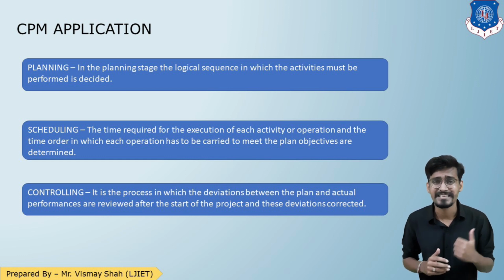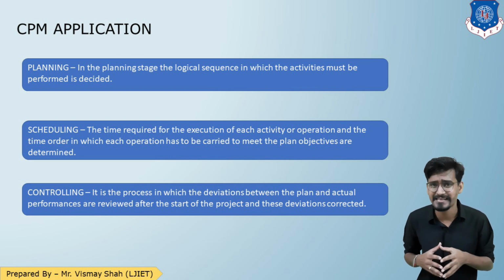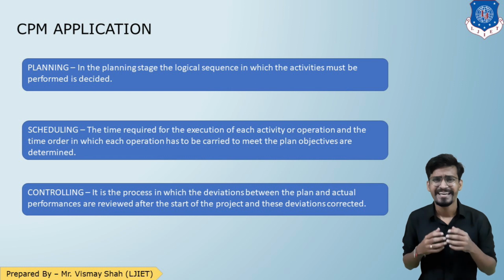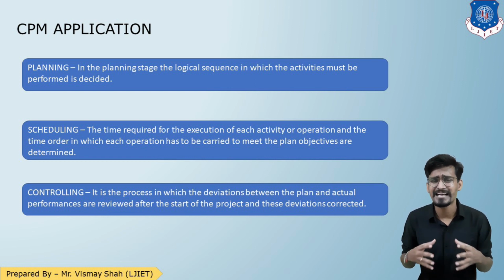The next is scheduling. In scheduling, the time required for each activity or operation and the time order in which the activities will take place is decided. Here, scheduling is done not only in terms of activities, but also in terms of the availability of resources.